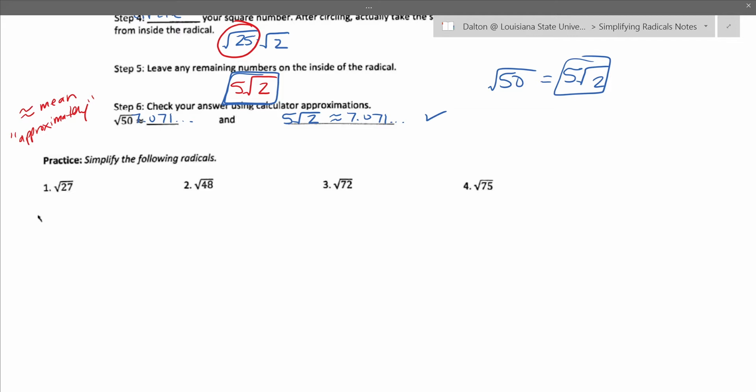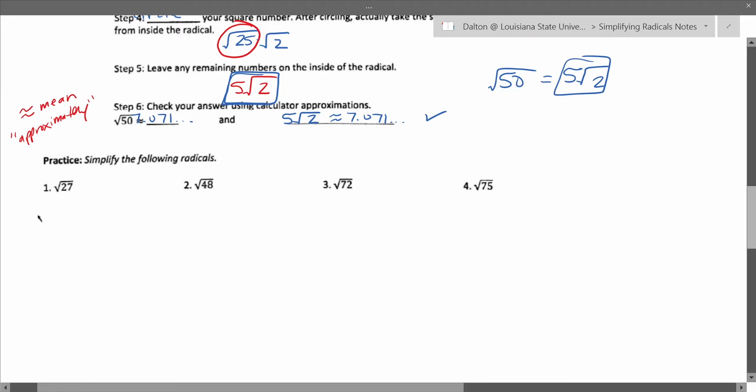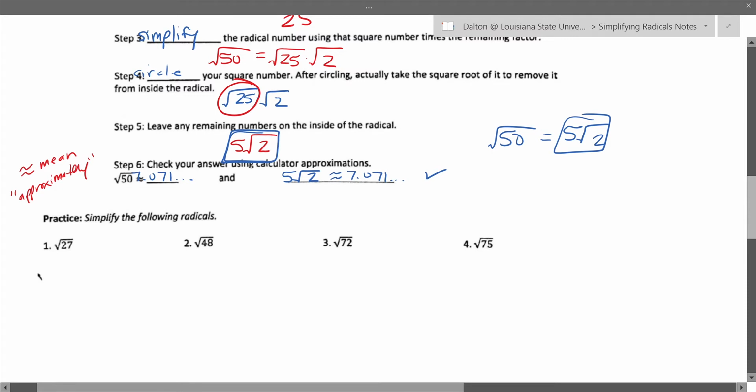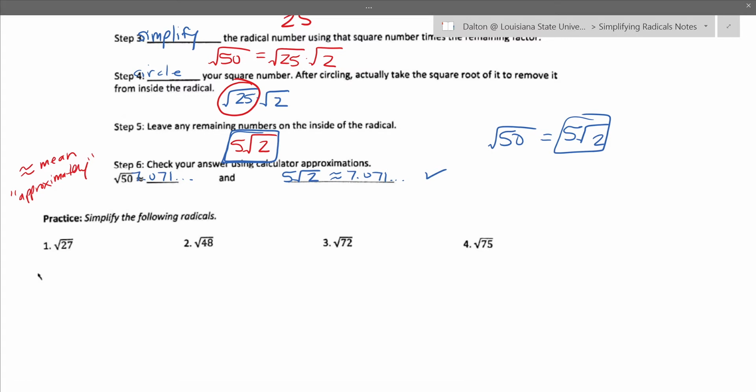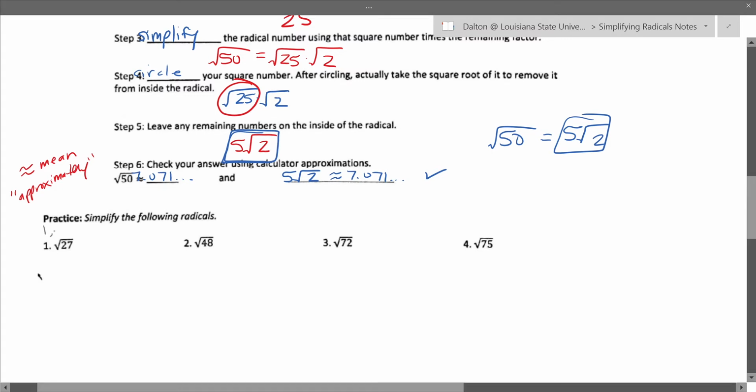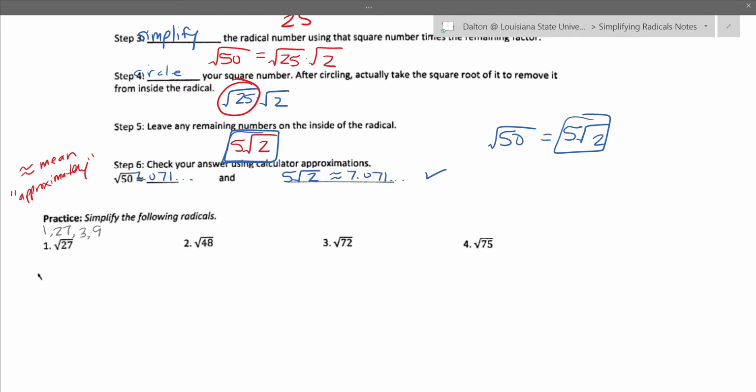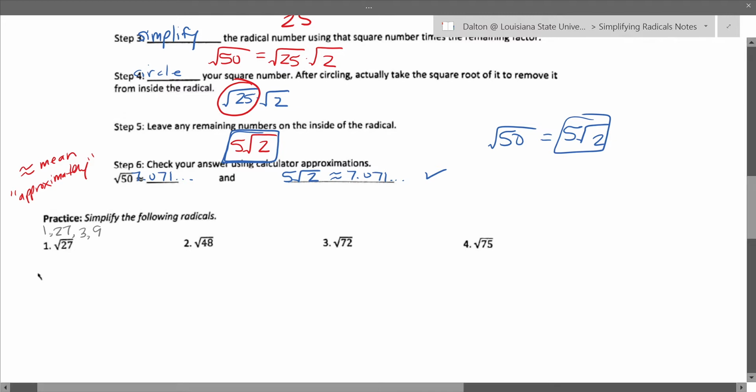So let's see, we've got 1 and 27. 2 is not a factor. 3 is a factor. 3 times 9. 4 is not a factor. 5 is not a factor. Nor 6 or 7 or 8. 9 is a factor, but 9 is already on the list. So that's how you know your list is done.